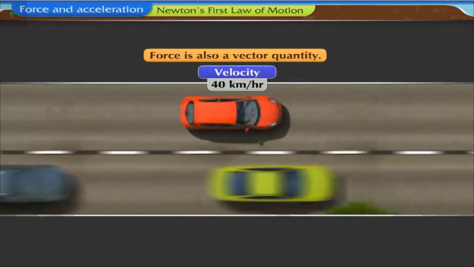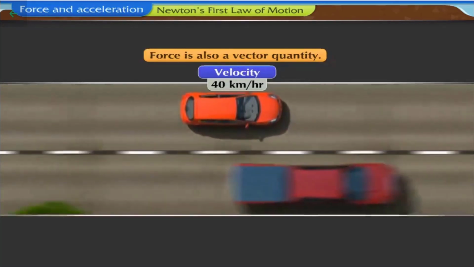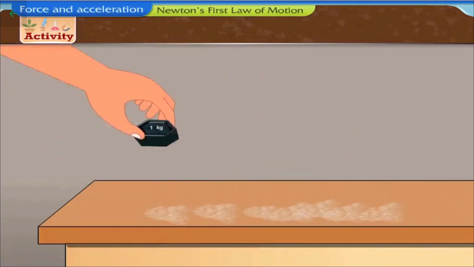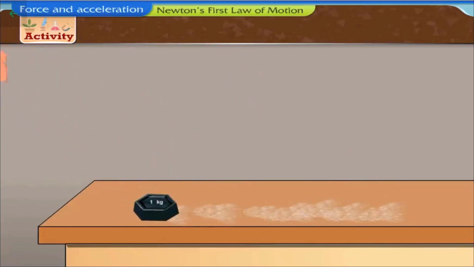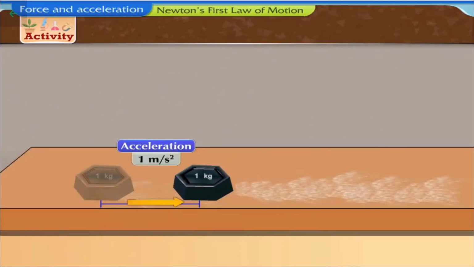Come, let us do one activity to understand the relation between force, mass, and acceleration. Activity. Let us spread some talcum powder evenly on the surface of a small wooden table and place a weight of 1 kilogram on it. Let us now pull the weight with an acceleration of 1 meter per second square.